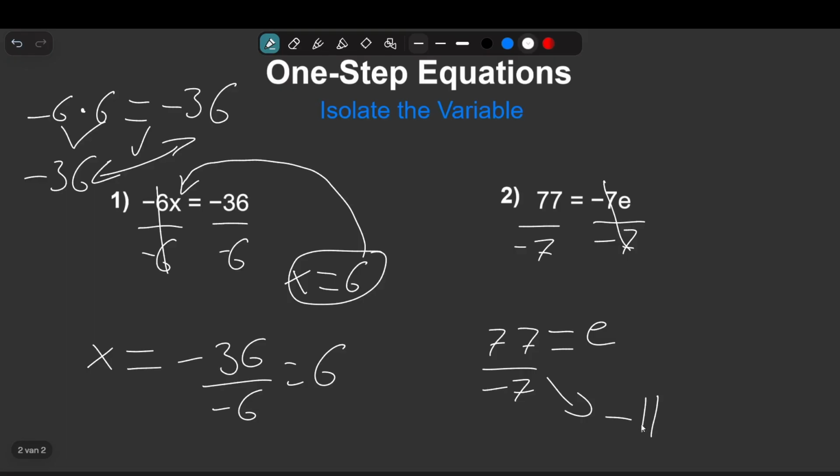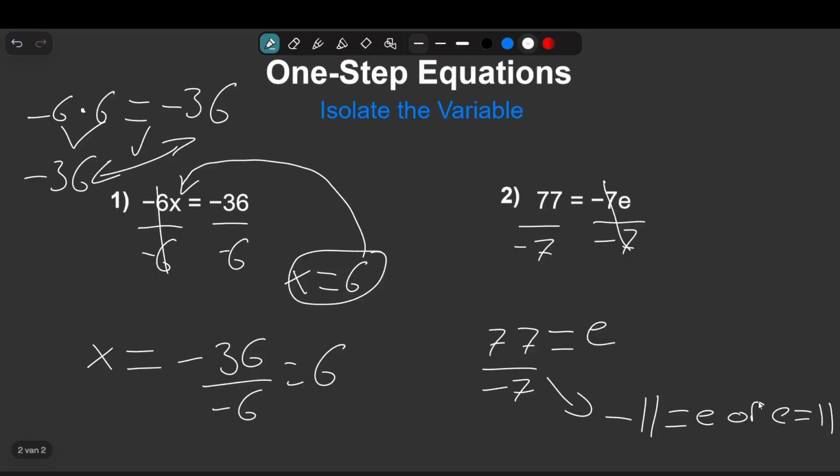This is a negative number because we are dividing a positive by a negative. If we were dividing a negative by a negative, like in example number 1, we would get the opposite answer. But in this case, our answer is going to be negative. So our final answer is e equals -11.